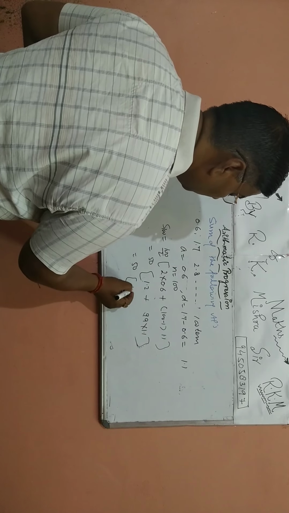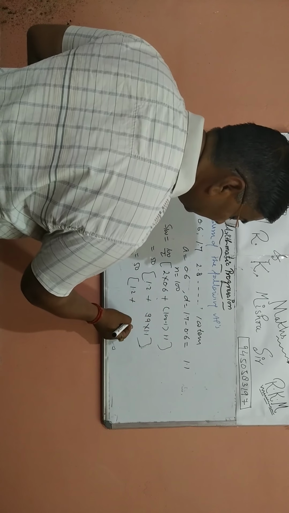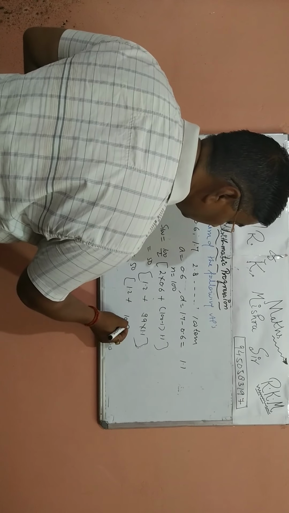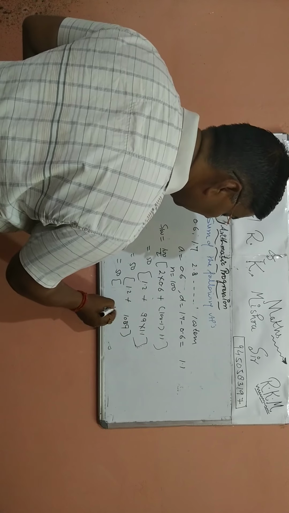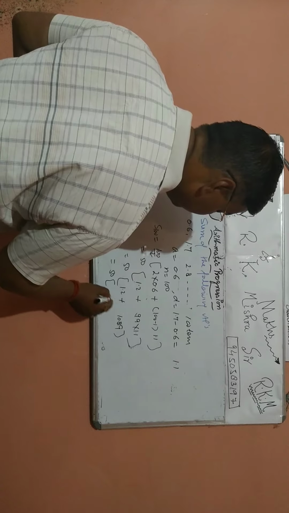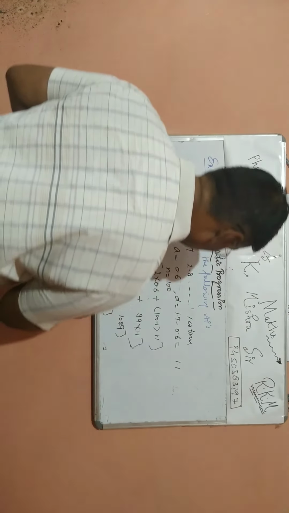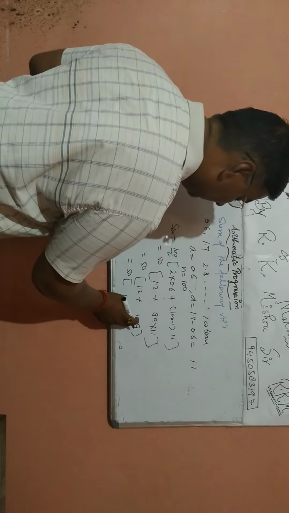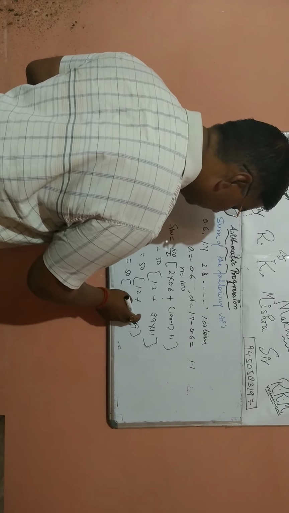50 [1.2 plus 99 into 1.1]. 11 nines are 99, so 99 into 1.1 is 108.9. Adding 1.2 gives 110.1.